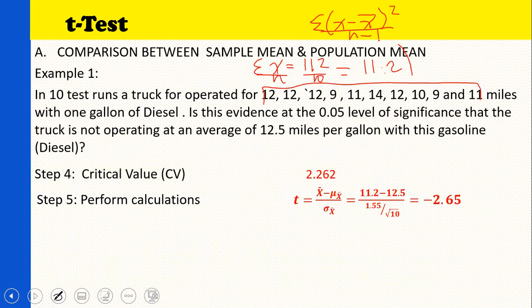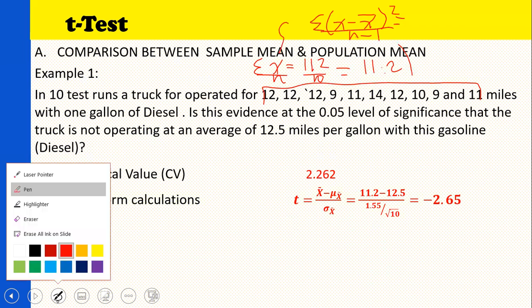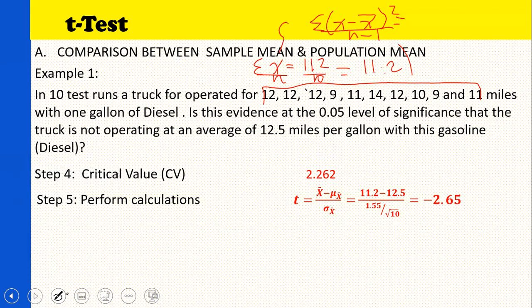So this is part of ungrouped data. And paano kinukuha? Recall natin for the standard deviation. So that will be S is equal to the square root of the summation of x minus the mean squared over n minus 1.